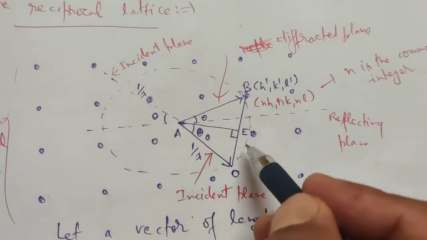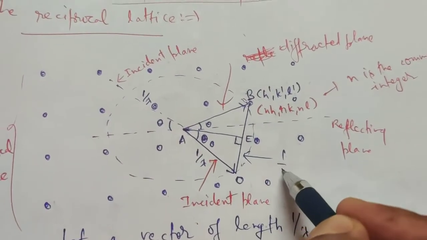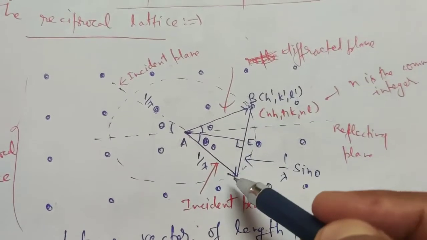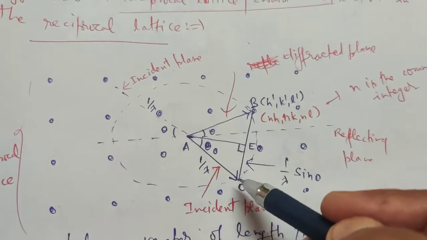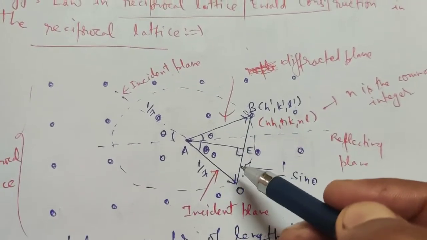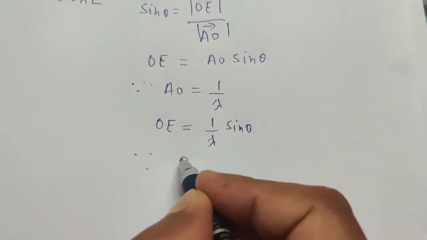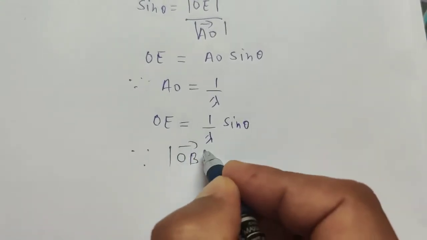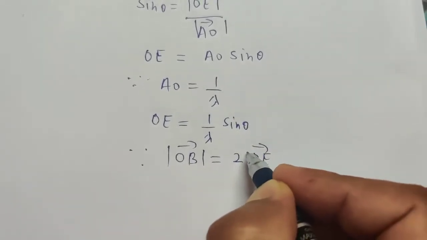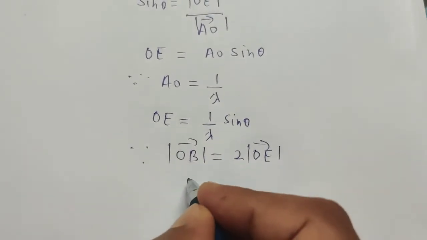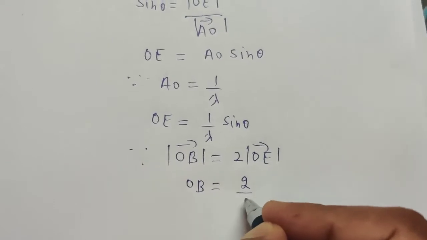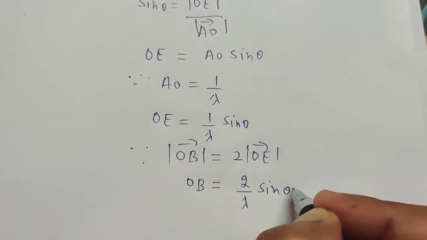Now, from this figure you can say that OB is twice OE. Since from the figure the magnitude of vector OB is twice the magnitude of OE, OB is equal to 2 sine theta upon lambda.